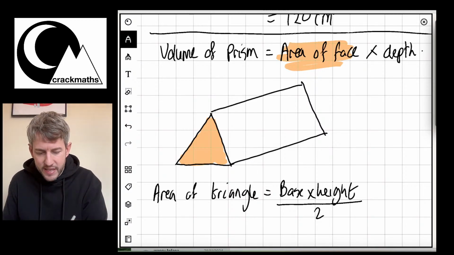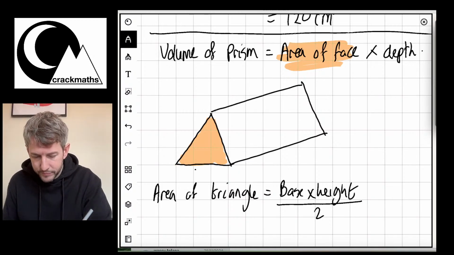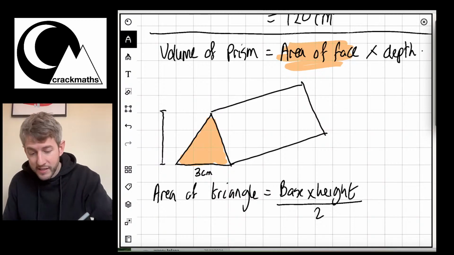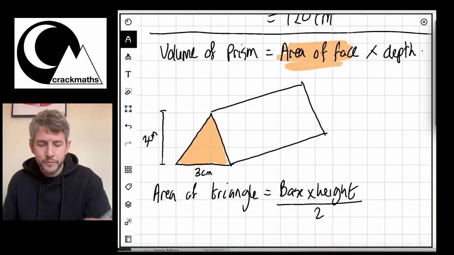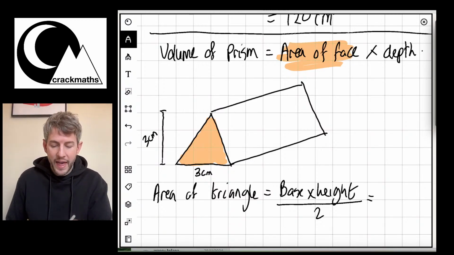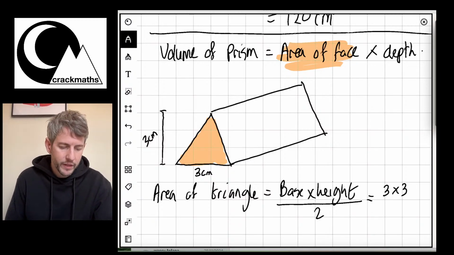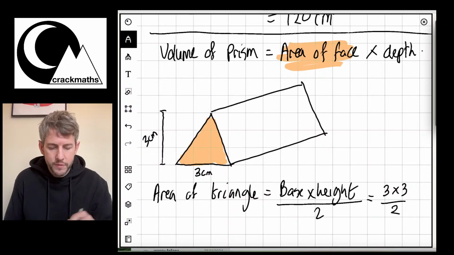So I can see that I've gone 3 squares along here. So I'm going to say that's 3 centimeters. So that's the base. The height is to the top of the tent, okay? And so that's also 3 in this case. So the area of this triangle is going to be 3 times 3, and then I'm going to divide that by 2.